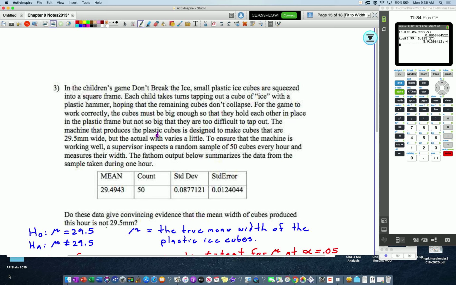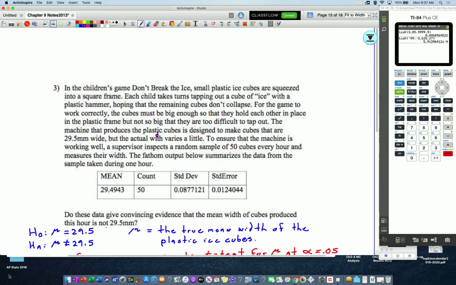In the game Don't Break the Ice, small plastic ice cubes are squeezed into the square frame. Each child takes a turn tapping out a cube of ice with a plastic hammer, hoping that the remaining cubes don't collapse. For the game to work correctly, the cubes must be big enough so that they hold each other in place in the plastic frame, but not so big that they're too difficult to tap out.